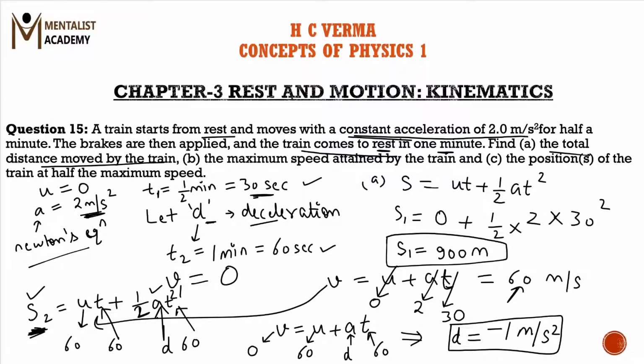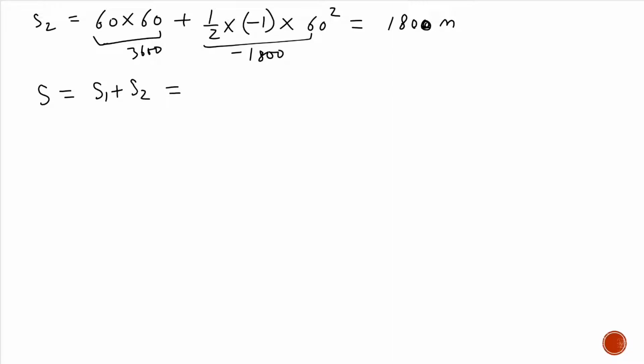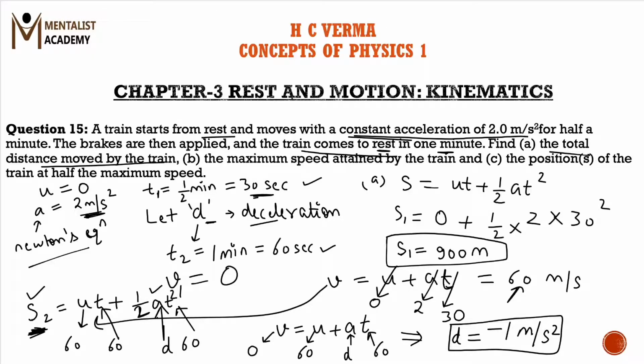S1 we have found out to be 900 meters. So 900 meters plus 1800 meters comes out to be 2700 meters, or 2.7 kilometers. So after traveling a distance of 2.7 kilometers, the train comes to rest.